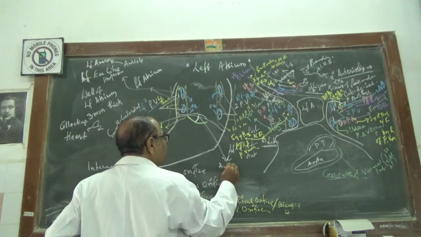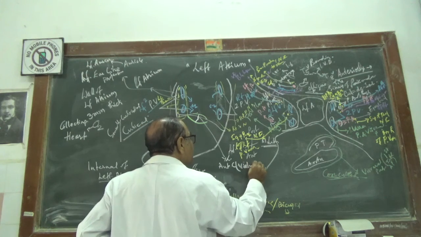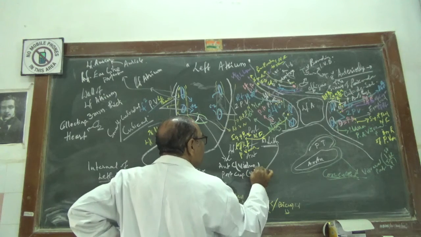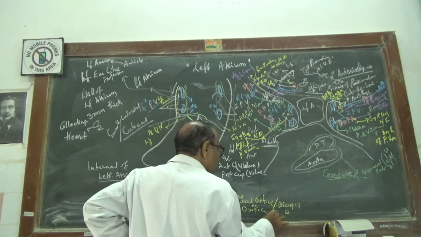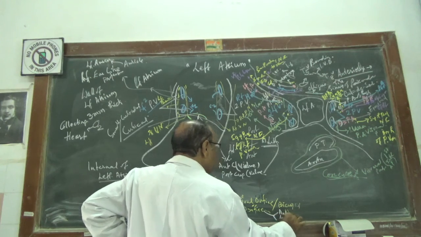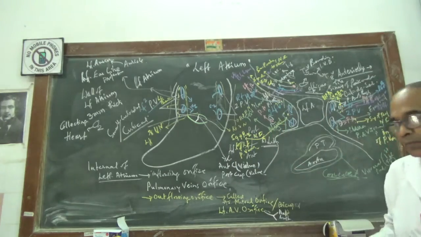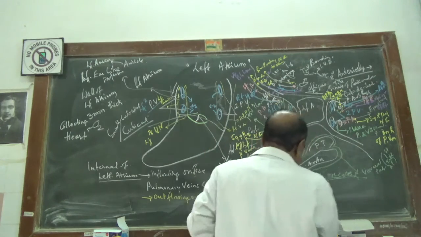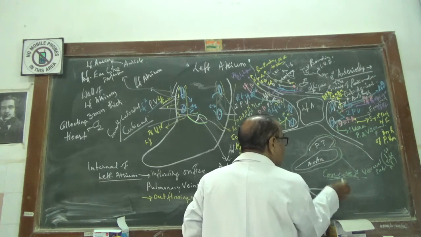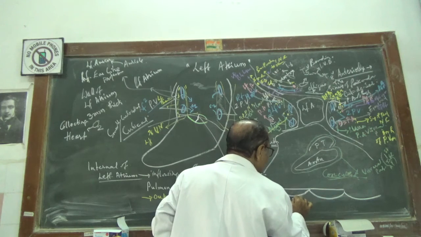One is the anterior cusp or anterior wall, and another is the posterior cusp or wall. Now if you cut open these anterior and posterior cusps, this will be the anterior cusp, this will be the posterior cusp, and this is the remaining part of the anterior cusp or wall.